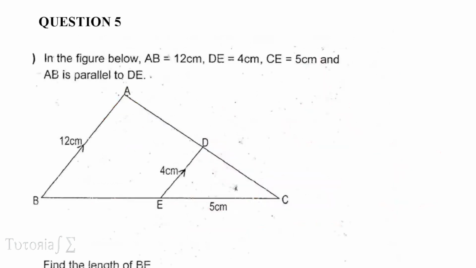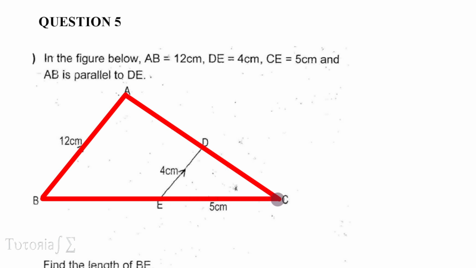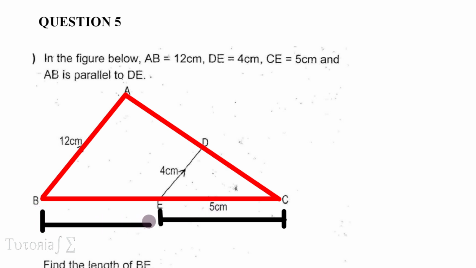The other way you could have done this is you can separate the triangle. So you identify, first of all, you have a big triangle here, which is this one. Let me just draw it real fast. So you have this big triangle here. For the big triangle, there is this part which is 5 centimeters, and there is this part that you don't know the length of, which you're going to call x.